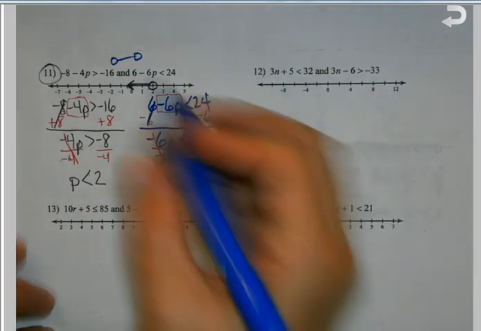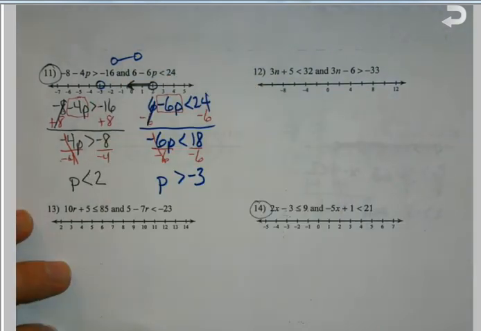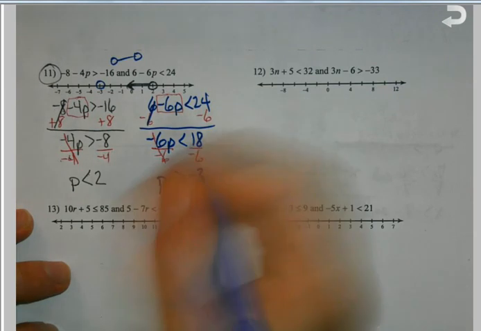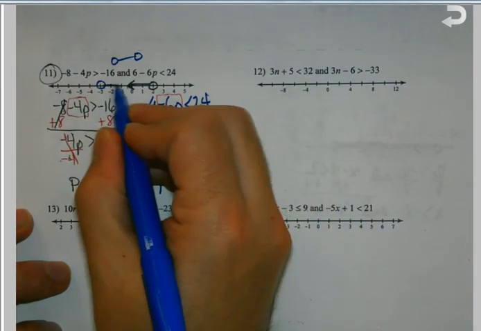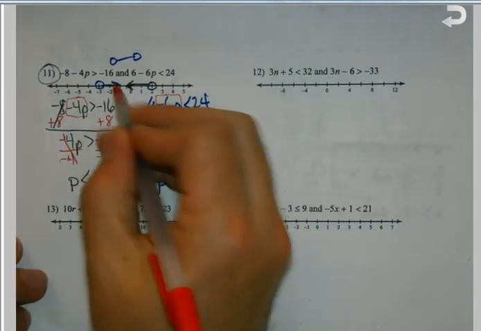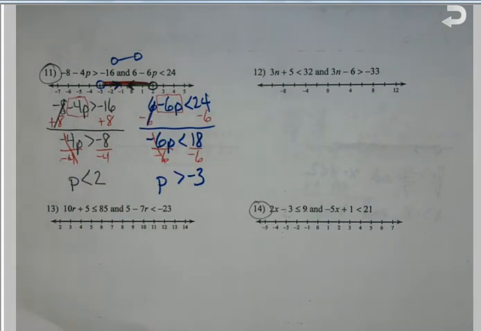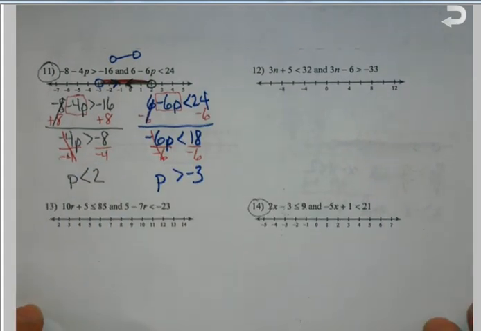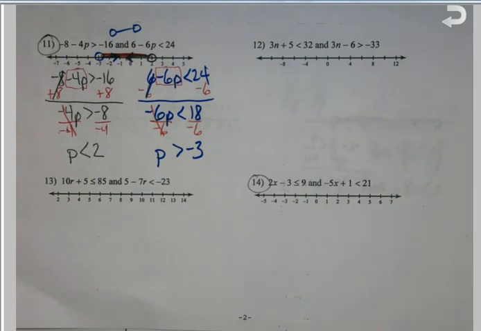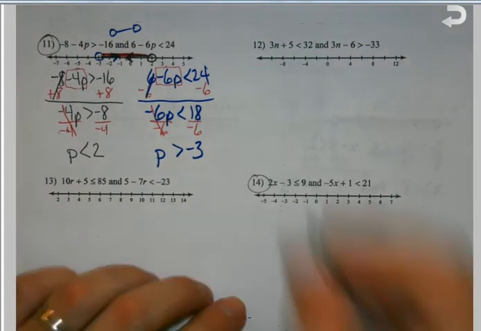Still no line underneath my arrow. Haven't had one in a while, so that'll be open. And when the arrow eats my variable, which it does here, we crash in the middle. But again, the only time I got to do the flipping is when I'm dividing by that negative.